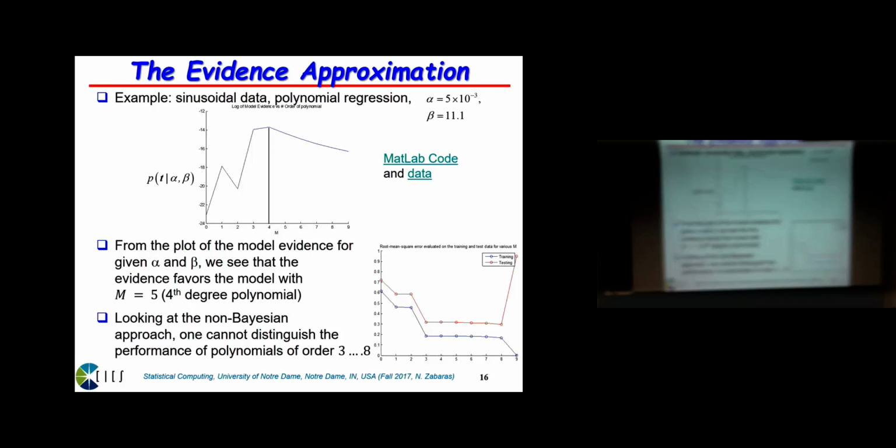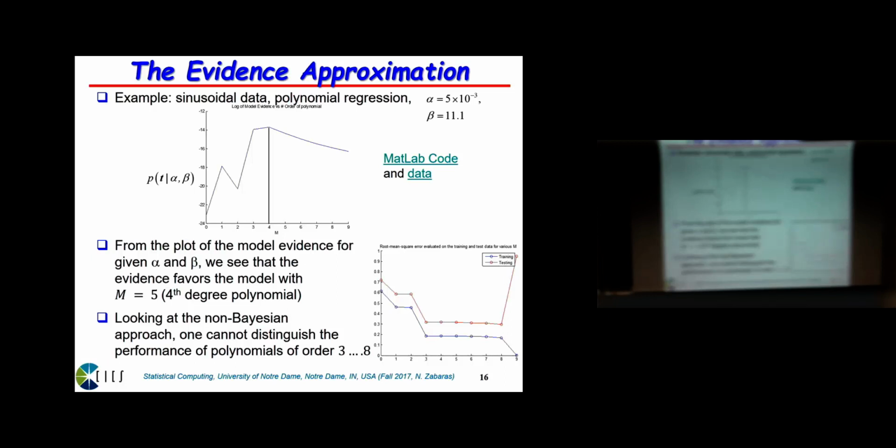If you don't want to use the evidence, what people actually do, and I already discussed this, is compute the training error for different orders of polynomials, and then compute the test error. When the test error starts blowing up and going up, they say, that's my order of polynomial.